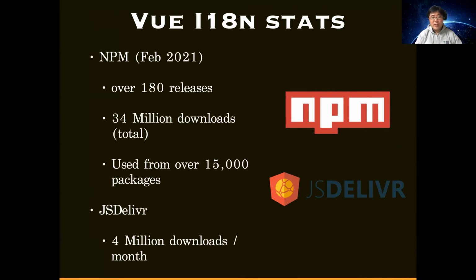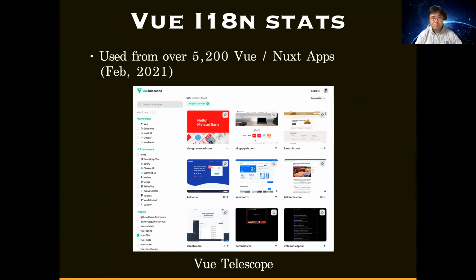About CDN download stats in jsDelivr, Vue I18n has been downloaded about 4 million times per month. According to Vue Telescope in February 2021, Vue I18n has been used in over 5,200 Vue applications or Nuxt applications.